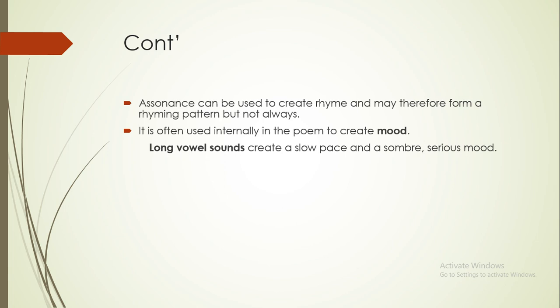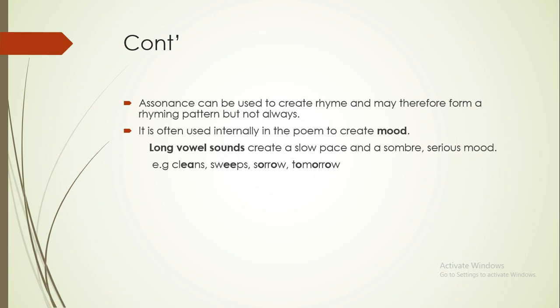Somber is a sad mood, a mood which makes people sad. Take for example a funeral. If somebody was to say a poem at a funeral, it will tend to be slow and it will have a serious mood. Examples of long vowel sounds, we have cleans, sweeps, sorrow, tomorrow.